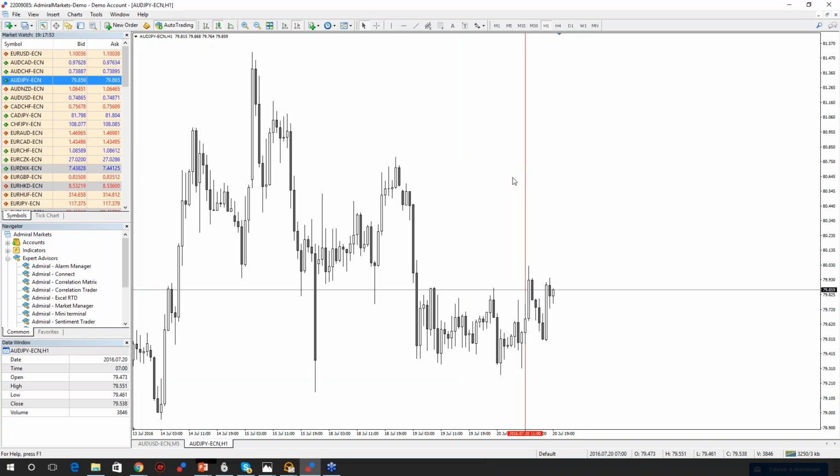Okay, so let's use this just as an example, because this candle now is a living candle, and it's 7 o'clock. When this candle closes, it will be the 7 o'clock candle, but just use it for confirmation. So the 11 hour candle is bullish.